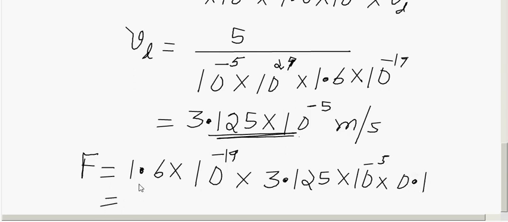Now what is the value of this? Just calculate. 5 multiplied by 10 raised to the power minus 25 Newton. That is the force.